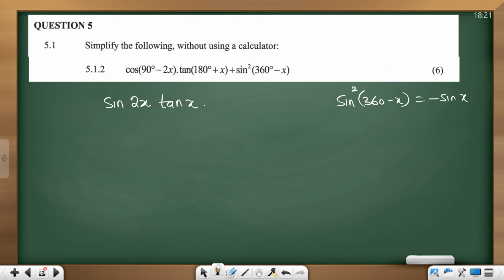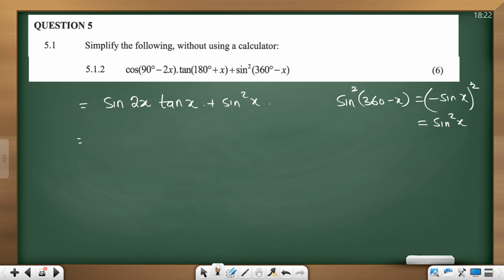But do you notice now this is squared? It means all of this will be what? Squared. Negative times negative, positive. What do you have? Sine squared x. And I'm done. So what do you have? Plus sine squared x. I see already that I have identities. Sine 2x is the first identity I'm seeing.